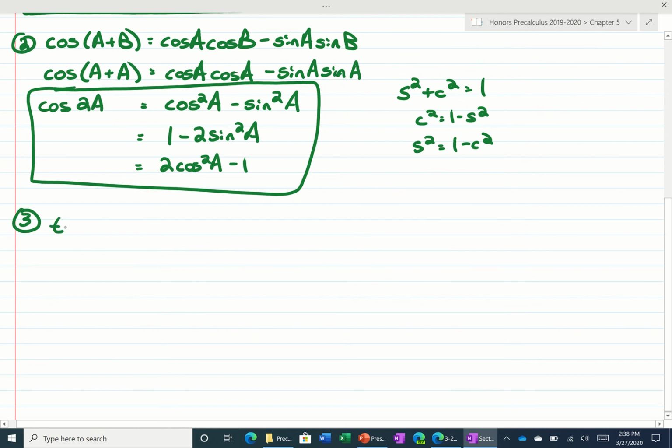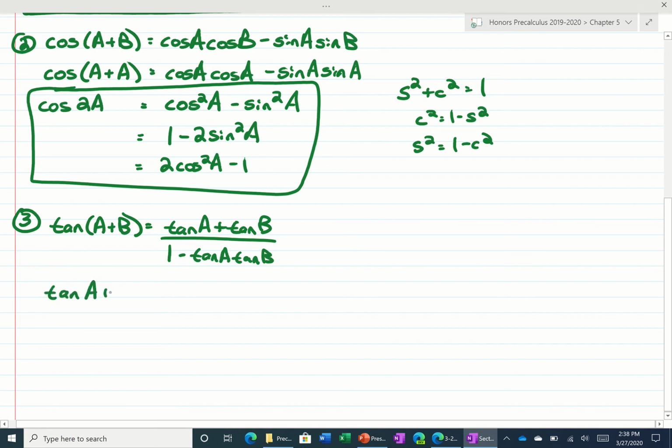And then the third one is the tangent of a plus b. The formula was the tangent of a, same sign, tangent of b, over 1 opposite sign times the tangent of a, tangent of b. Well, if we write a plus a, we get tangent of a plus the tangent of a divided by 1 minus the tangent of a times the tangent of a.